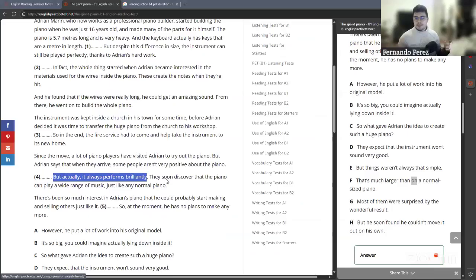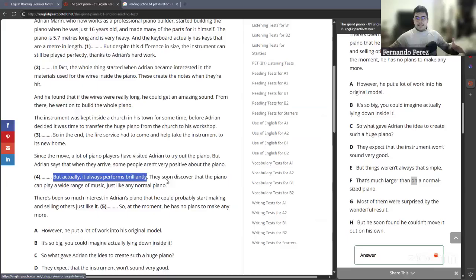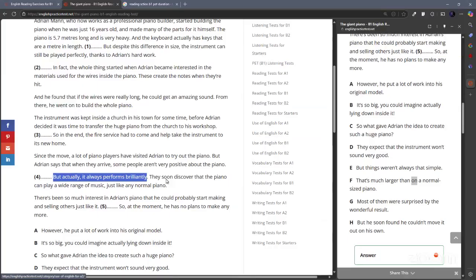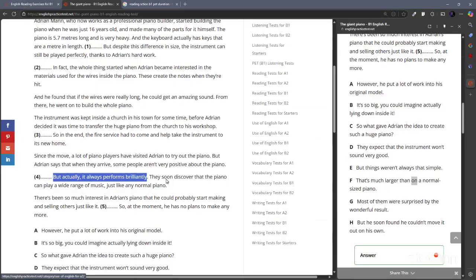But how do you know this? What information tells you it's letter D? Because the sentence says that it works fine, when at first they thought that it doesn't work.